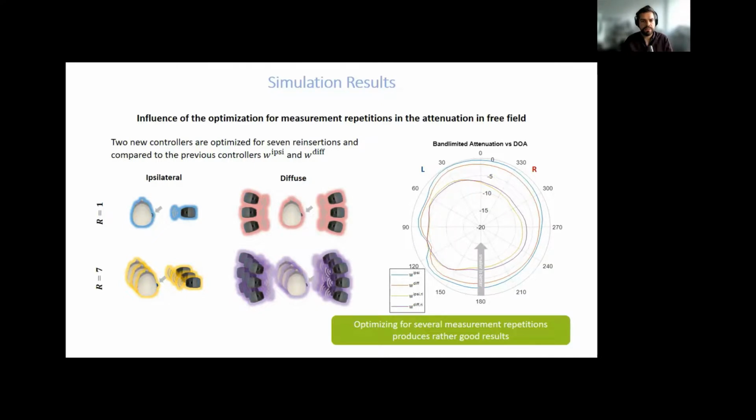It is clearly visible that both new controllers significantly improve the attenuation in the ipsilateral half hemisphere, with the controller optimized for measurement repetitions under an ipsilateral calibration sound field achieving slightly better results than the controller optimized for measurement repetitions under a diffuse calibration sound field. Hence, optimizing for several measurement repetitions produces rather good results.